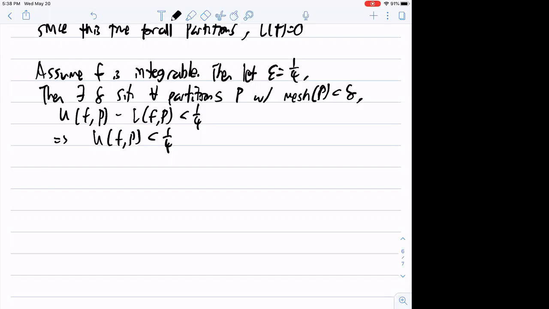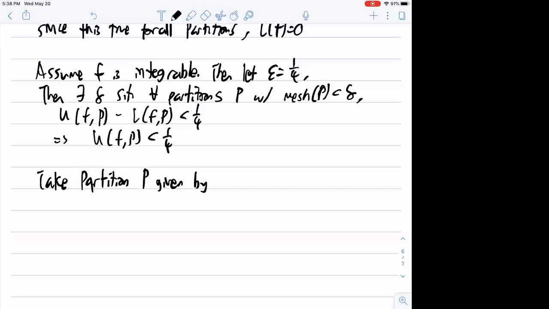So let's take a partition P given by, I don't know, let me think. Oh, it might be scaled.